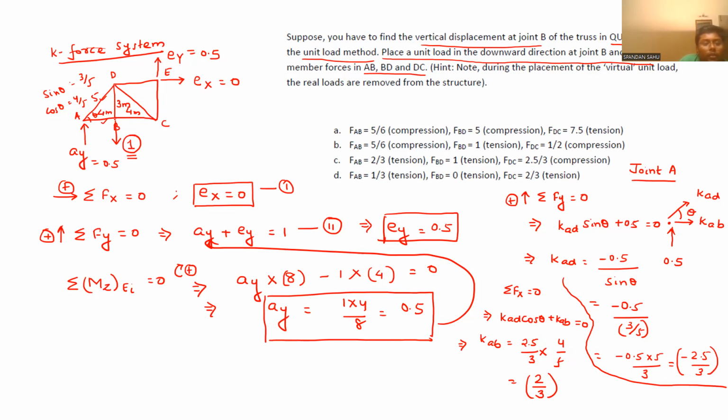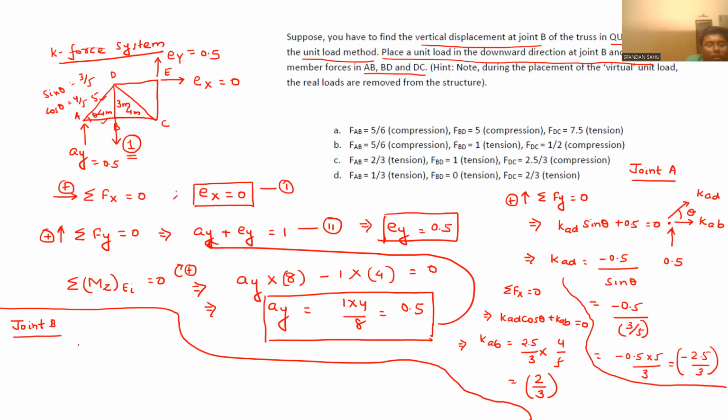Now let us take joint B. For joint B, it is easy because one unit load is there and this is KAB and this side KBC and upward it will be KBD.